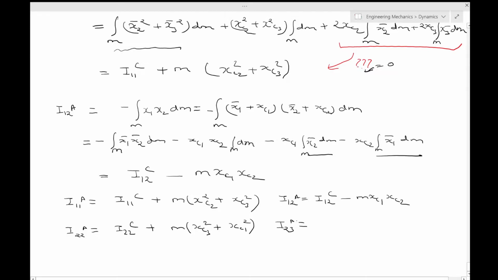I23 of A is equal to I23 of C minus m xc2 xc3.